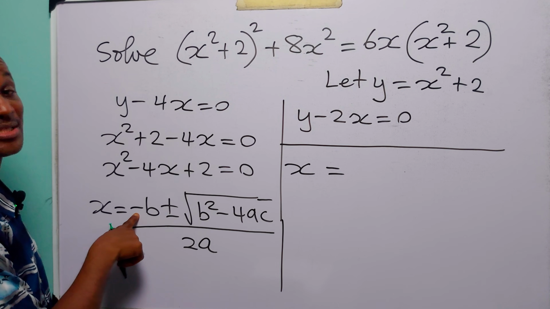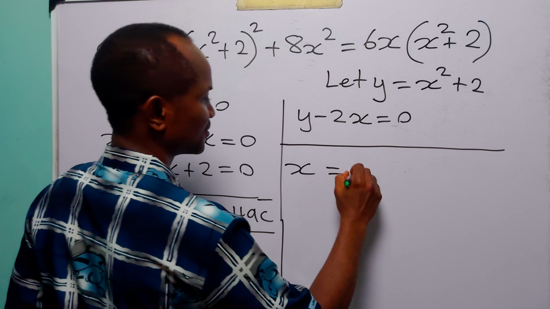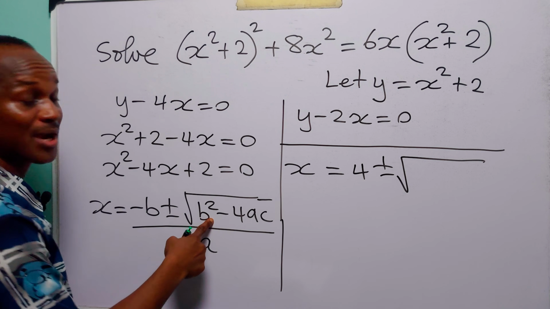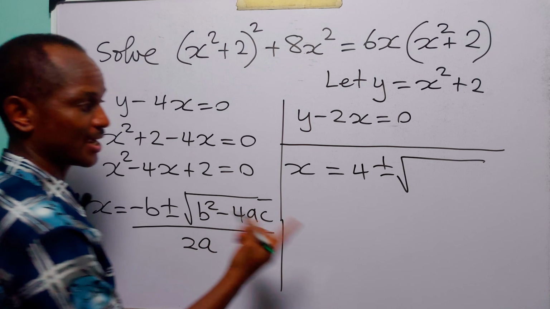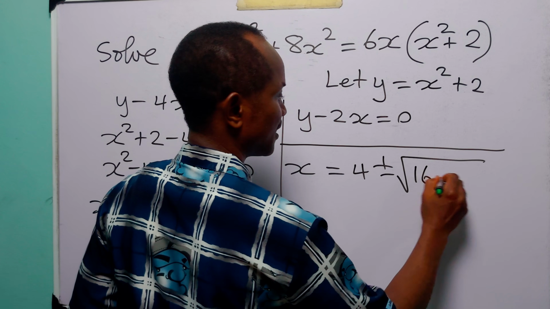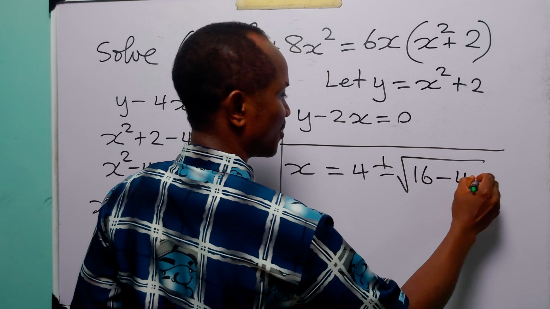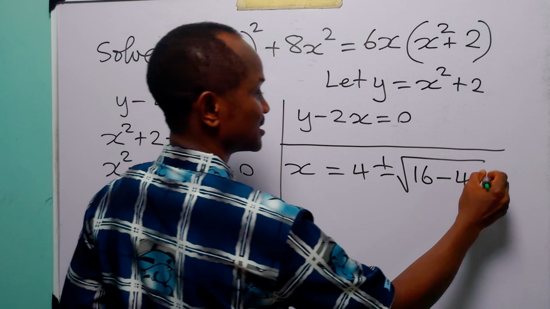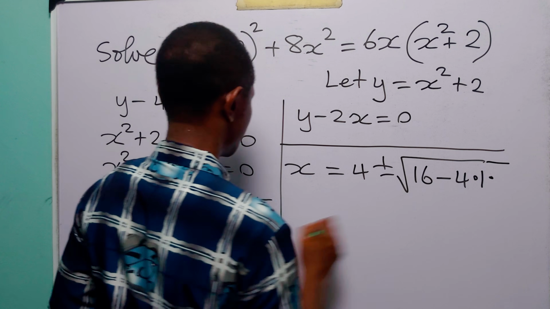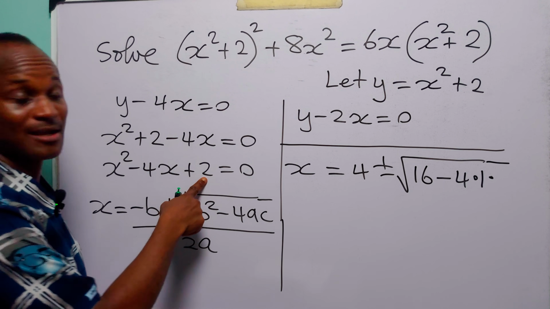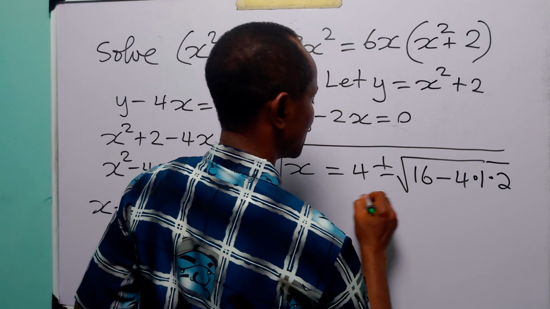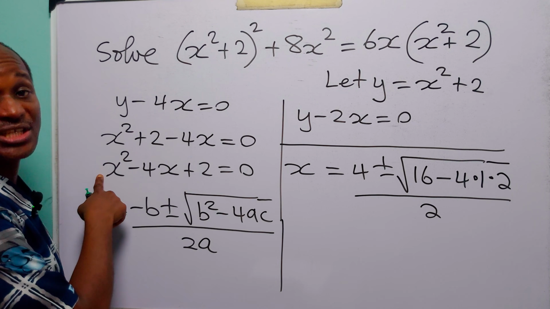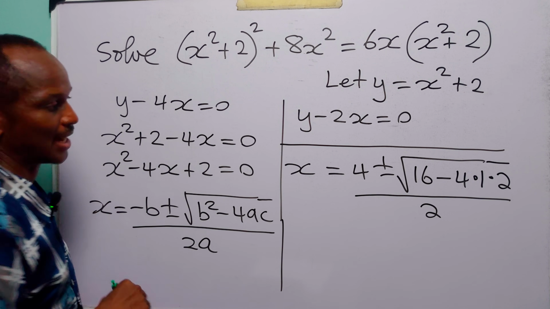So this is minus minus 4, which is equal to 4, plus or minus the square root of b squared, which is minus 4 squared, which is 16, minus 4 times a, the coefficient of x squared, which is 1, and c is the constant term, which is 2.